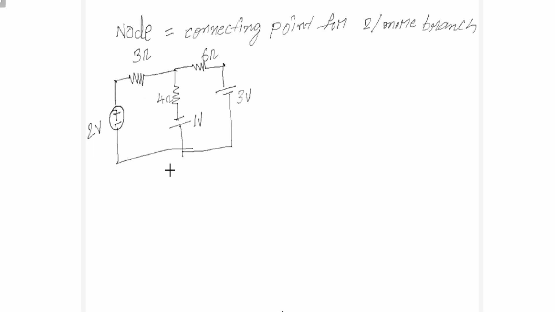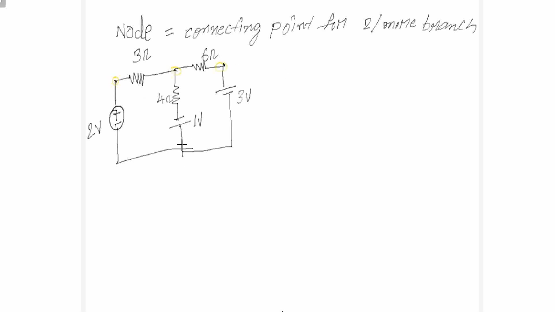Nodal analysis is the application of your KCL. So before applying KCL, first of all we have to find nodes. Now tell me how many nodes are there? Can I consider this as a node? Yes. Can I consider this as a node? Yes. Can I consider this as a node? Yes.